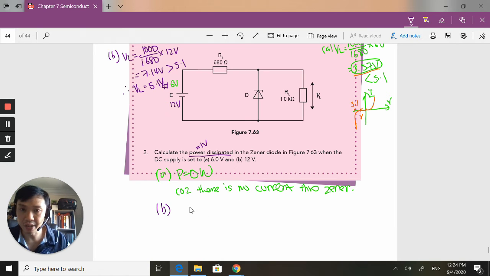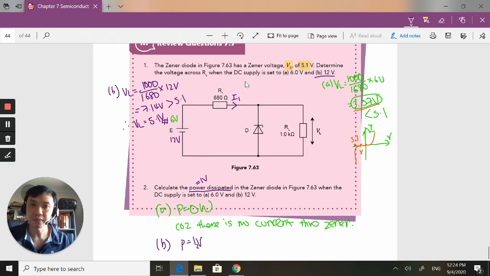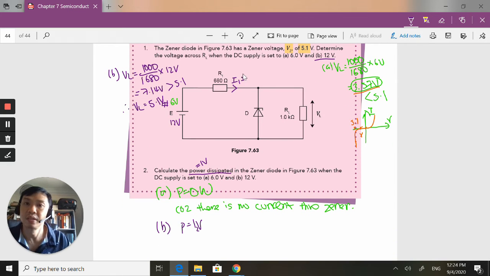For part B, I first have to calculate my IZ. Step one, let's call this I1. I1 is V over R, and the voltage across the resistor is 12 minus 5.1, over the resistance of 680.